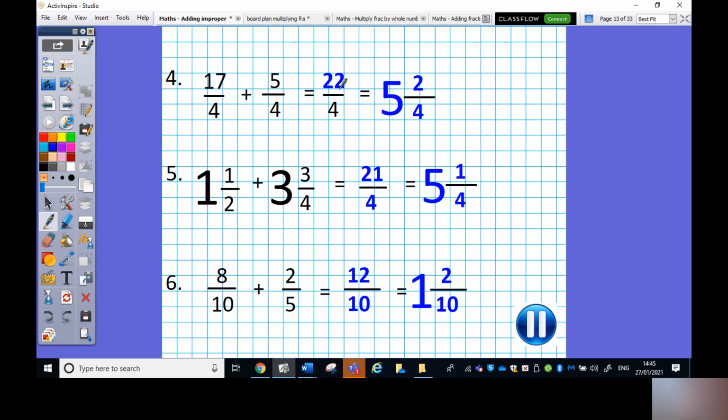Number 4, 22/4 or 5 2/4 or 5 1/2 if you were to simplify it. We have 21/4 and 5 1/4. And we also have 12/10 or 1 2/10 or 1 1/5 if you were to simplify it. How did you do? I'm pleased to hear it.